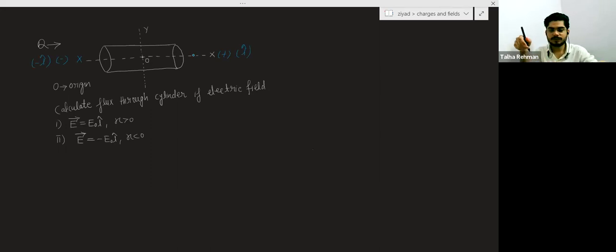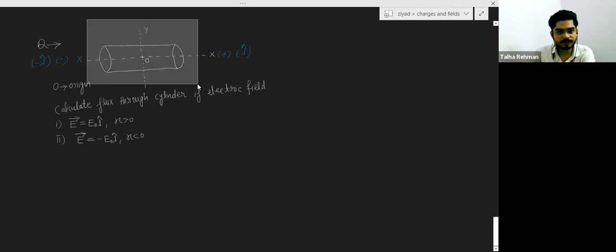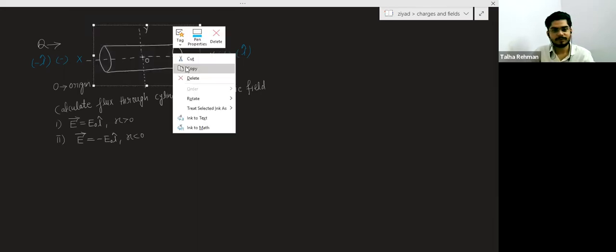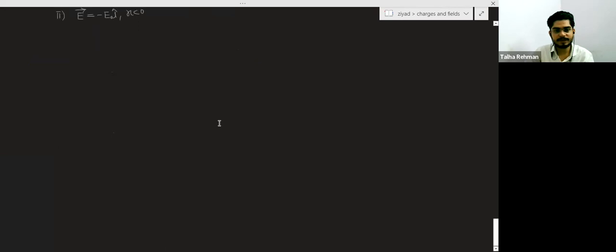Talking about the electric field, I am just copying this figure to make you understand what is happening.